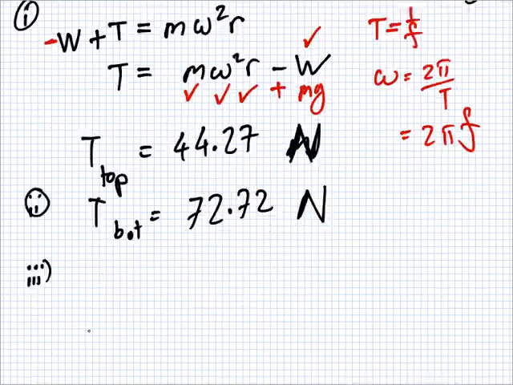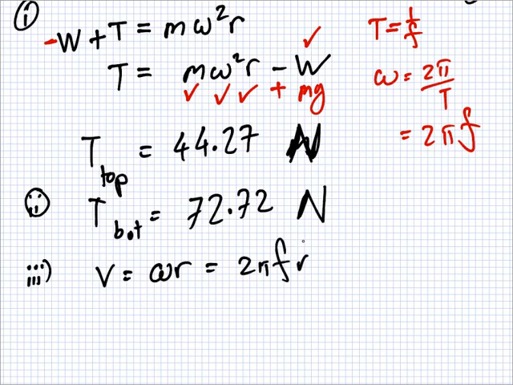Okay. Next, he wants the velocity. What's the formula for velocity? Omega r. And omega is just 2 pi f, so 2 pi f r. Fahad, is the answer 5.136? No?